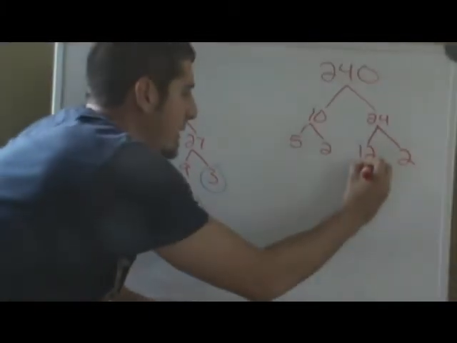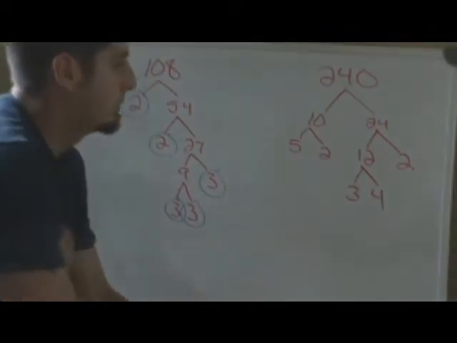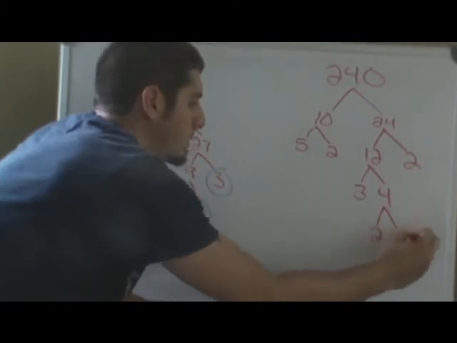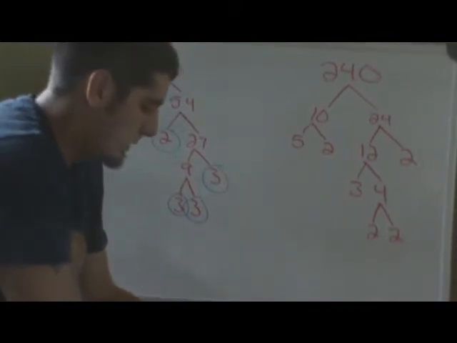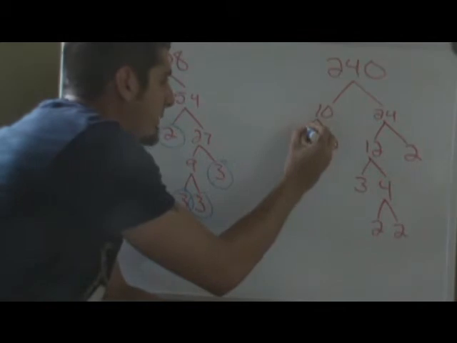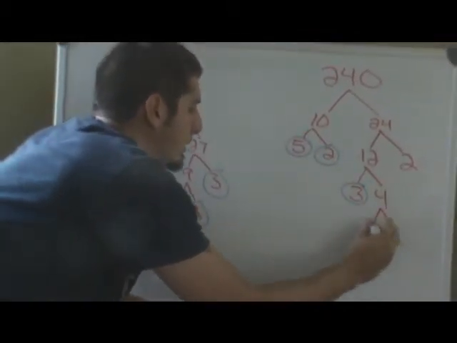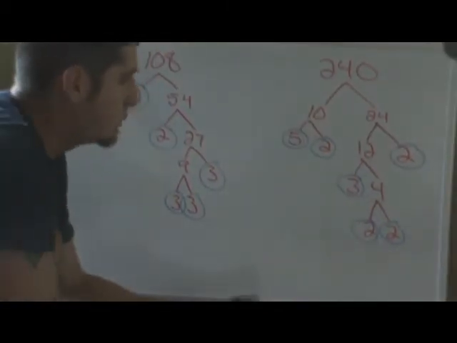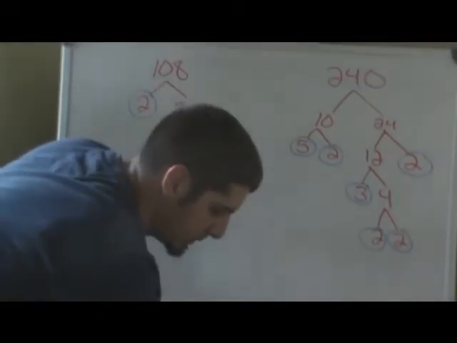And I'm going to break down the 12 into 3 times 4. And I'm going to break down the 4 into 2 times 2. So at this point, I have a branch that ends here, here, here, here, here, and here. So we have two numbers that have bigger prime factorizations than the previous two we used.